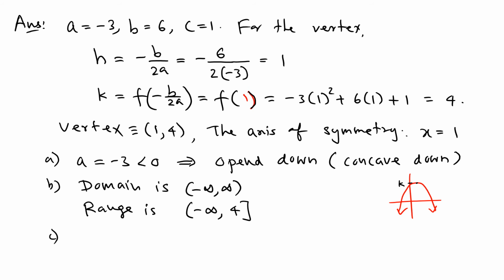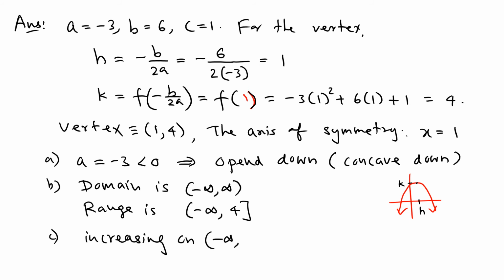Now the other question is where it is increasing and where it is decreasing. You can see it is increasing on the interval from -infinity all the way up to the h value.